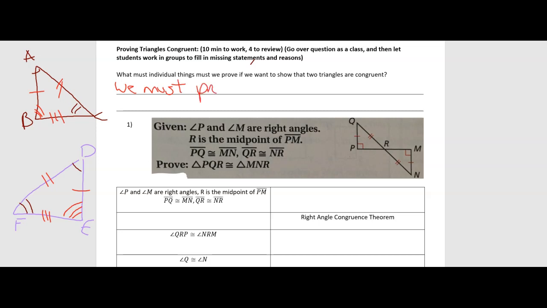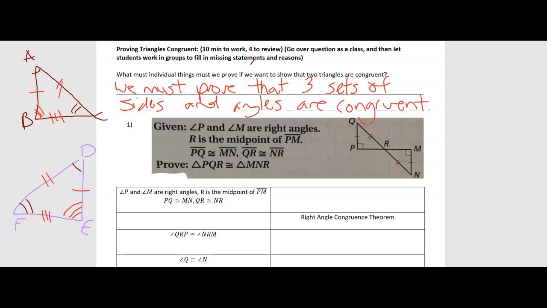We must prove that 3 sets of sides and angles are congruent.